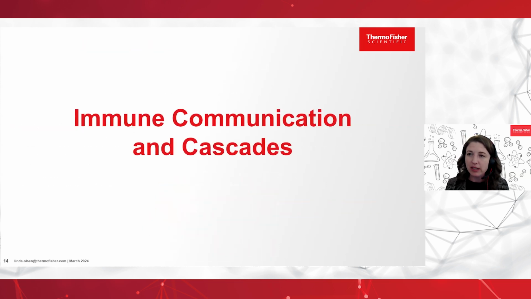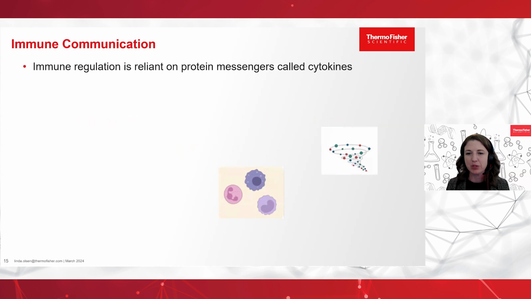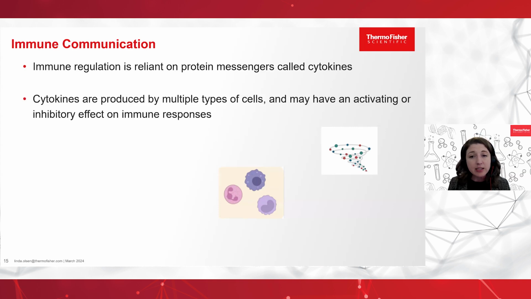Right. Moving now to immune communication and cascades, we'll talk about how our body knows to proceed with some of these processes. So, immune regulation is reliant on protein messengers called cytokines. Cytokines are produced by multiple types of cells and may have an activating or inhibitory effect on immune responses.